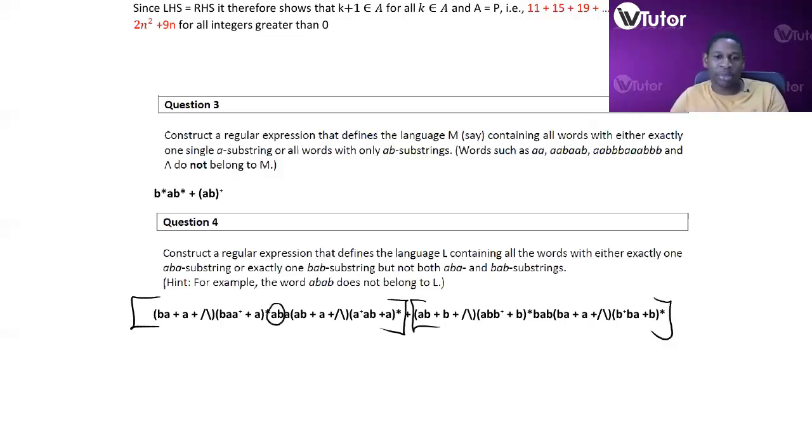So if you've got A, B, A over here, on there you can concatenate with A, B so that you do not have that, or you can concatenate with an A, or you can leave it as it is. If you leave it as it is, you can also concatenate it with A plus, which means more than one A, and you can have an AB, or you can concatenate with an A, right?